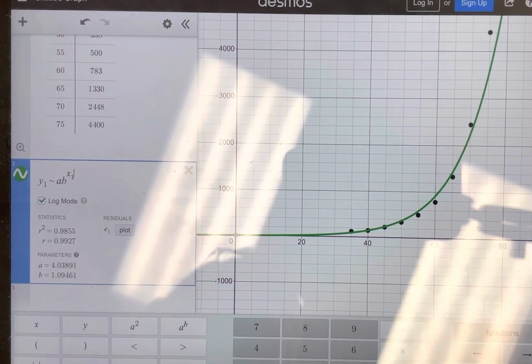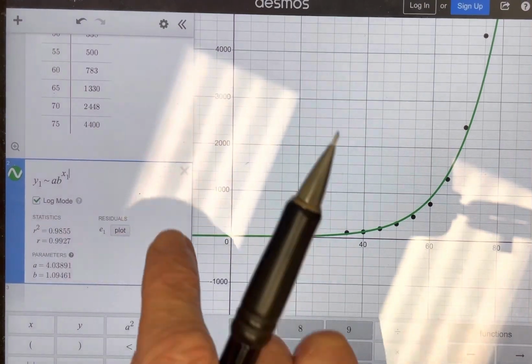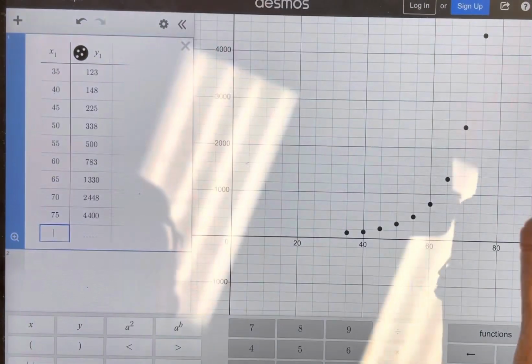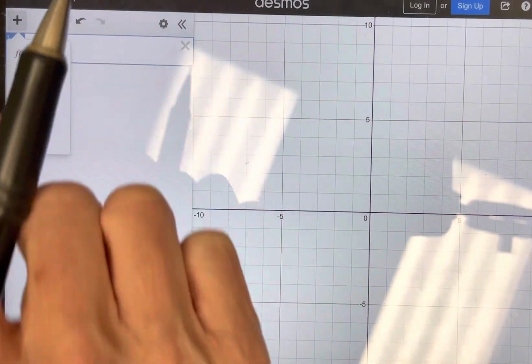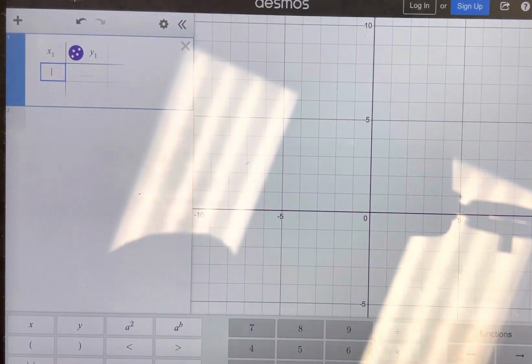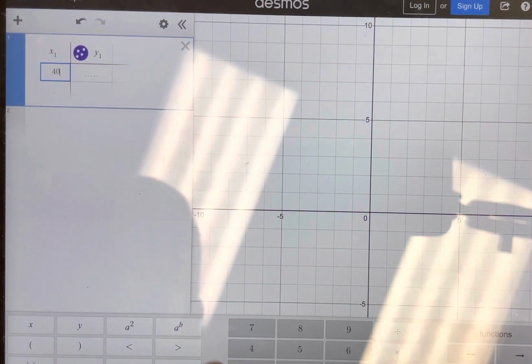Back into Desmos. Okay, let's get out of these. I'll go back to the home screen here. Okay, set the table. Again, I'm back in X1, Y1 in this case. So 1940 is 40 years.